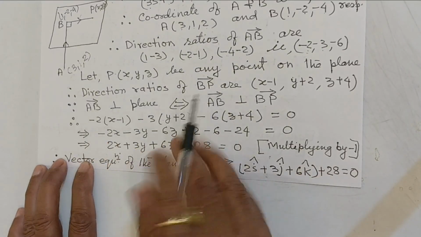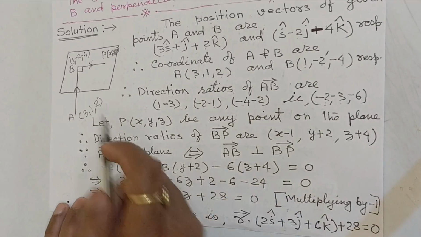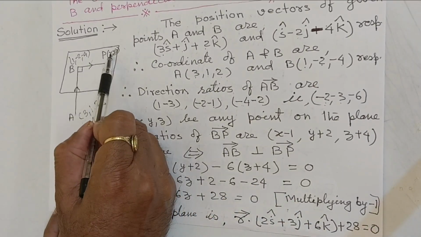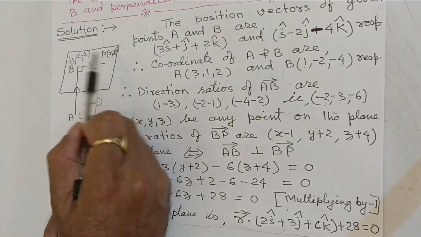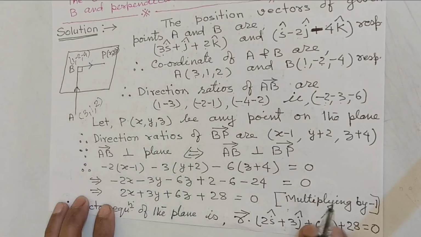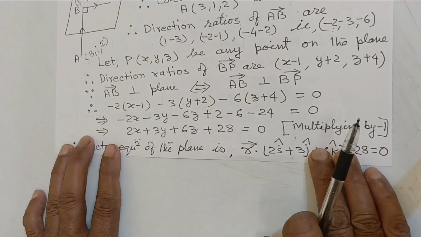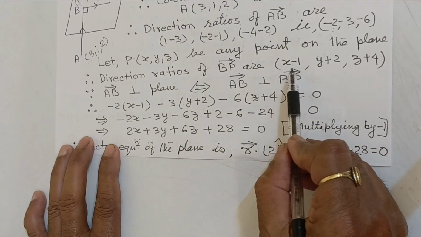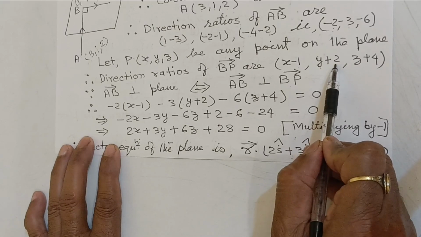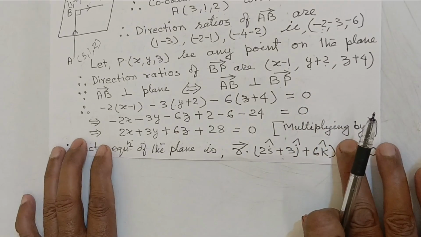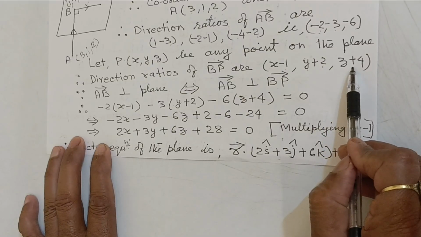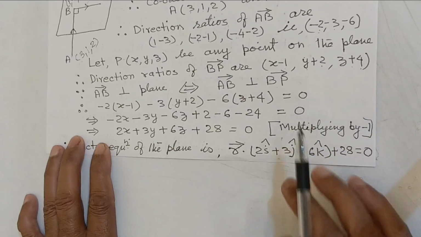Therefore, the direction ratios of BP are x minus 1, y minus (minus 2) which is y plus 2, and z minus (minus 4) which is z plus 4.